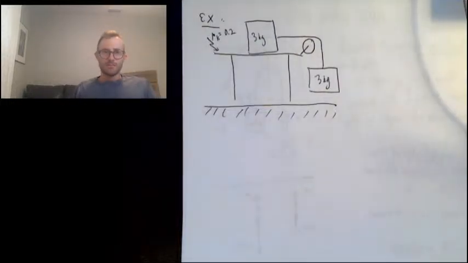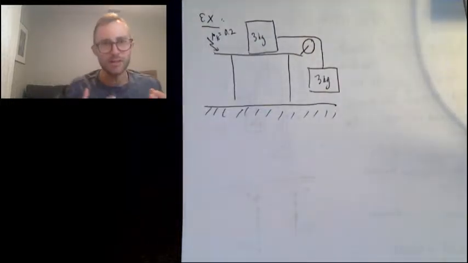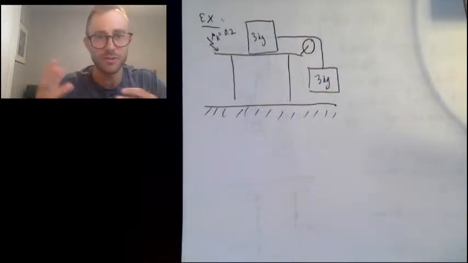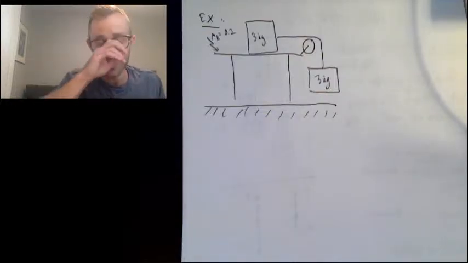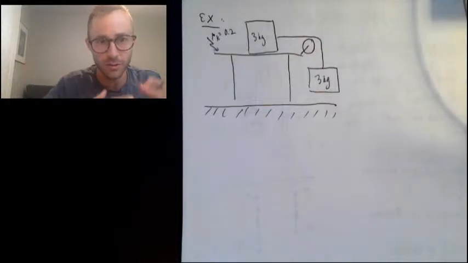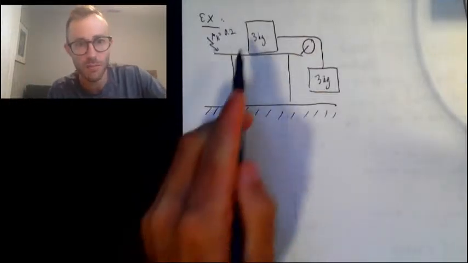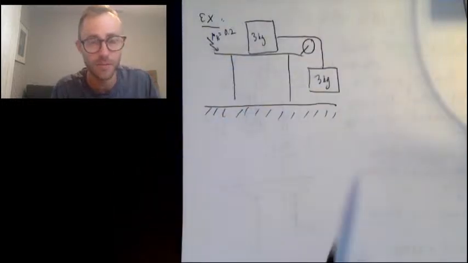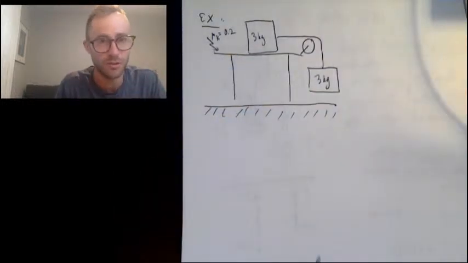So, a lot of times in physics, what we do is we represent things by blocks and pulleys and things like that. But really, this is quite a general scenario. So let me give you a scenario where you could do the exact same math for a more complicated sounding scenario.